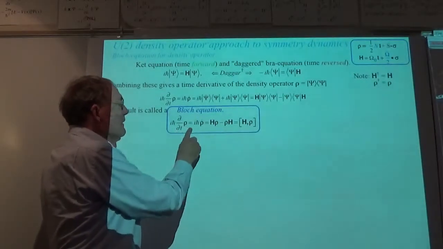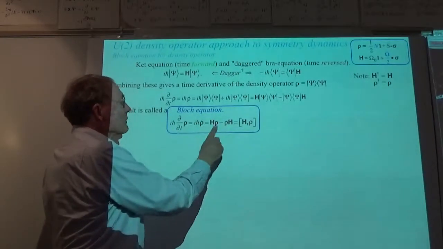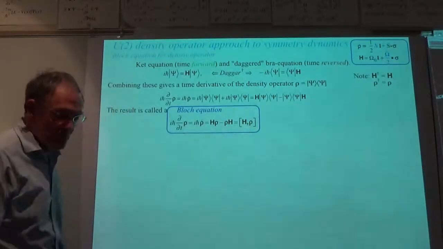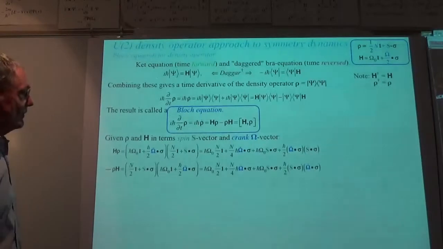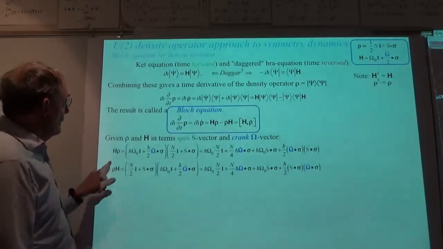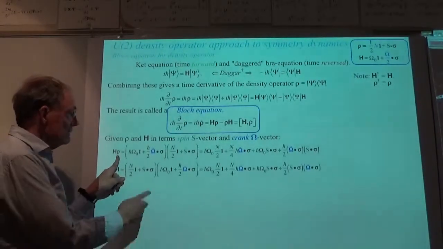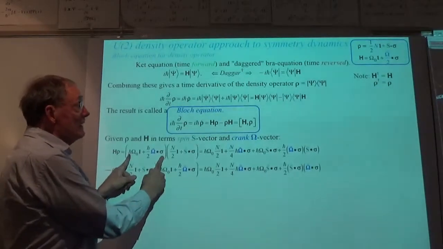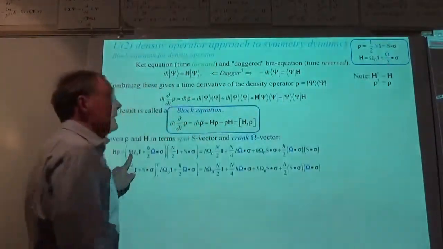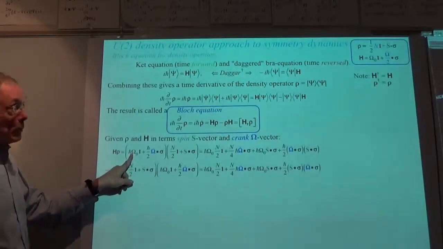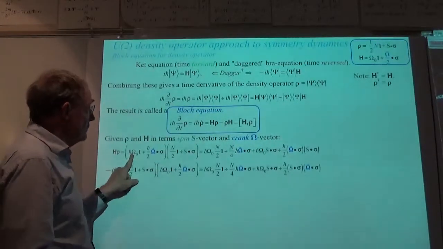Okay, so i h rho dot is equal to the commutator of H and rho. Well, let's try to find out what that is. Okay, what I'm saying is H rho would be H, our Hamiltonian written out in terms of Darboux omegas and their polar coordinates in general.